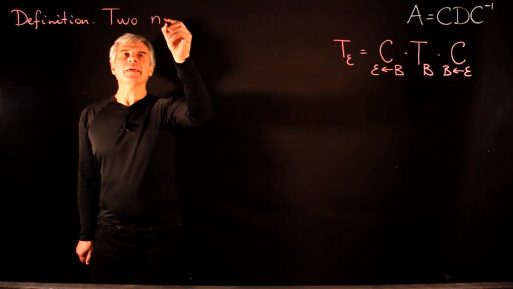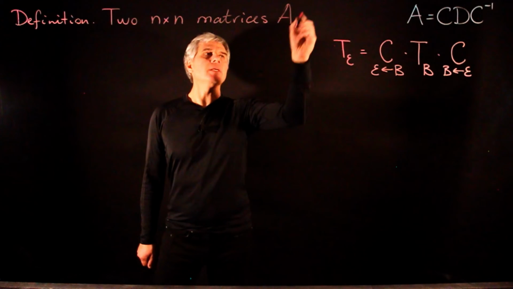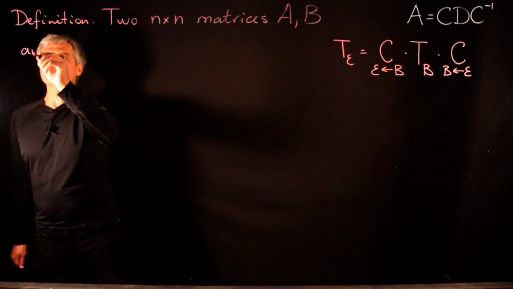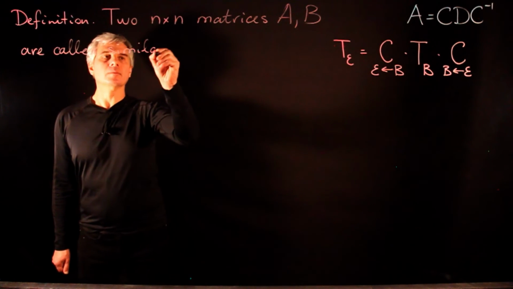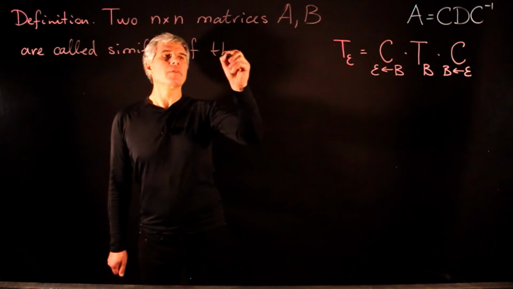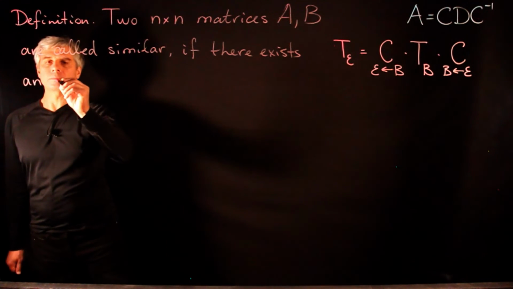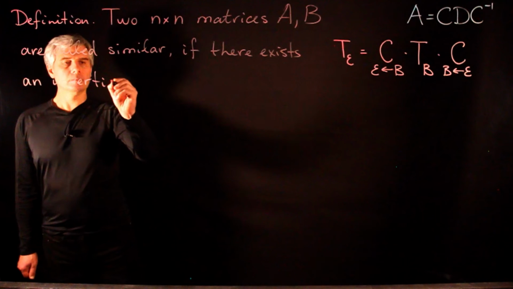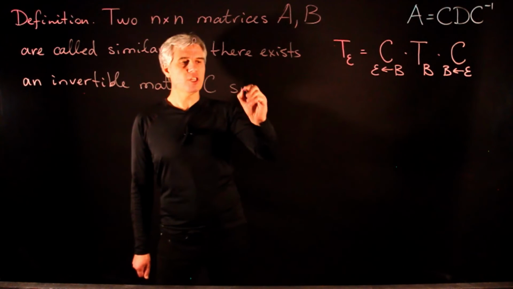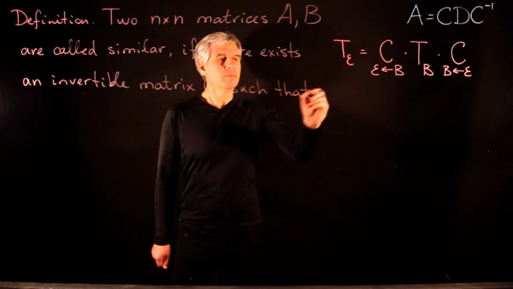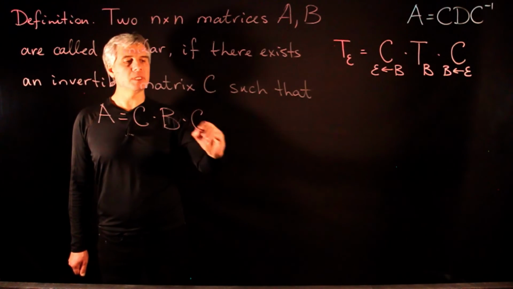Two n by n matrices A and B are called similar if there exists an invertible matrix C such that A is equal to C times B times C inverse.